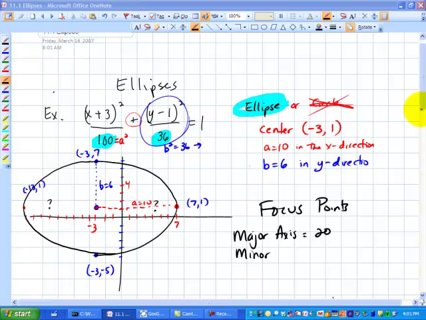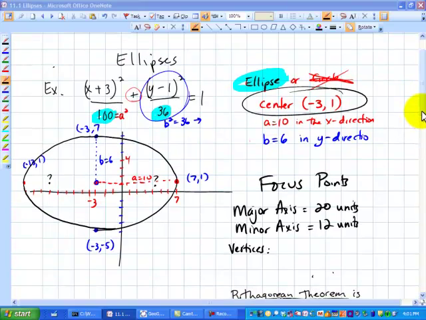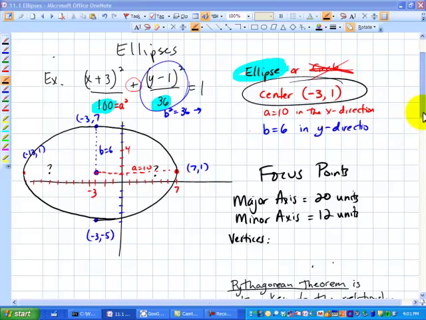The minor axis, the shorter axis, pretty clever names, right, is 12 units. The vertices I've got all listed out there, the major axis vertices and the minor axis vertices. The only thing in the center we've got is -3, 1. The only thing that we need to do then is to figure out what the focus points are.